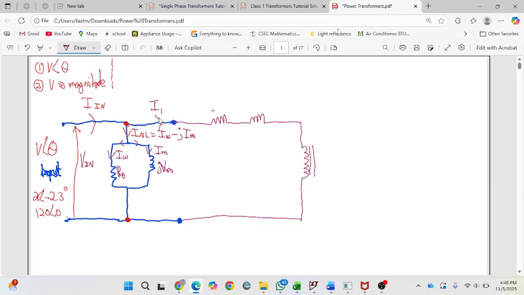This I1 is the current that flows through R1 and jX1. So these two are your losses in the circuit due to the coil itself.